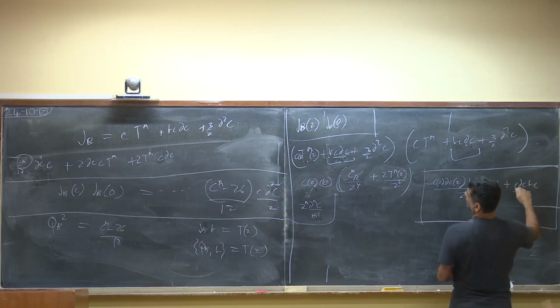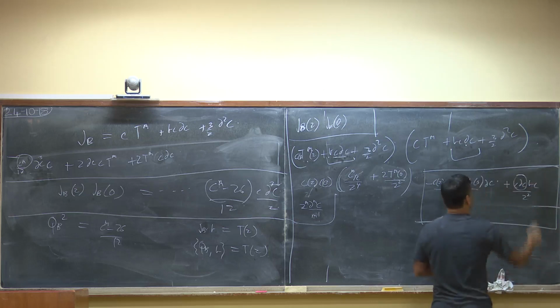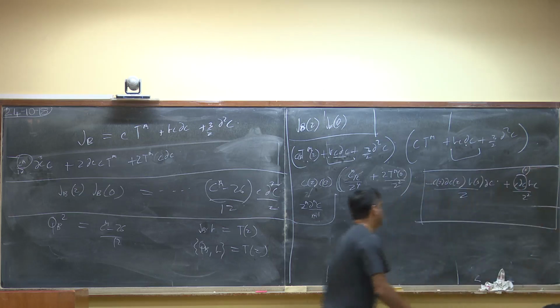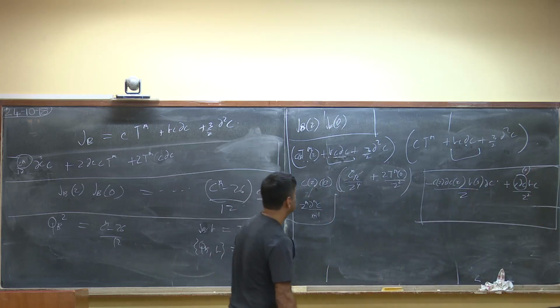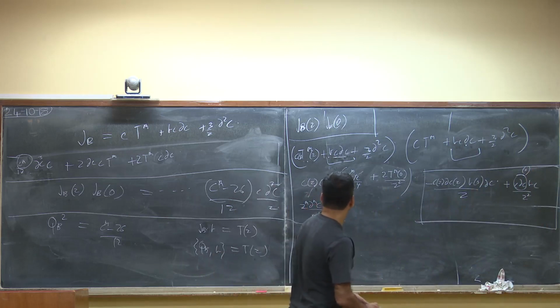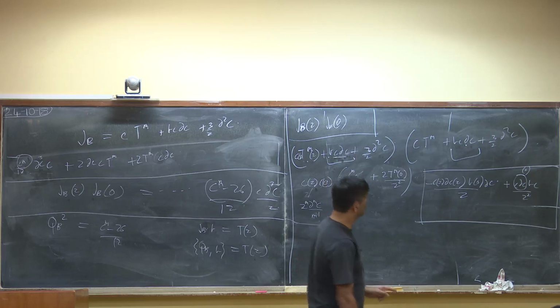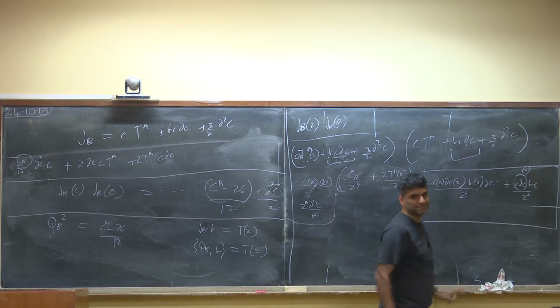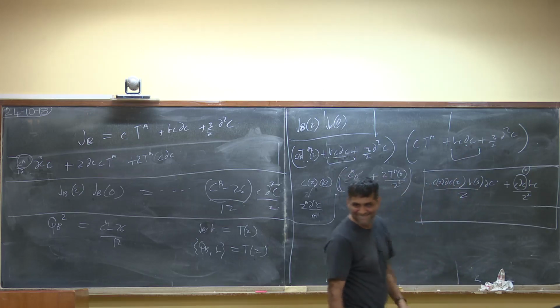The first two terms are CZ del at Z. The remaining two are at 0, right? And you agree with the sign, right? No, minus 1 by z squared. Why? The derivative, but this is the derivative on the second argument, so that cancels the minus.